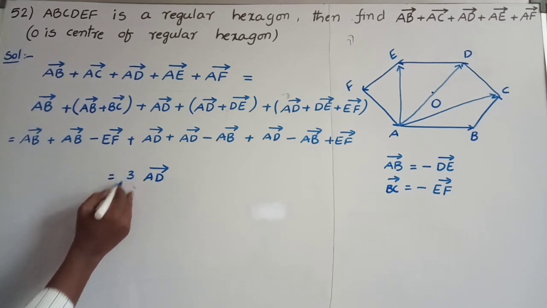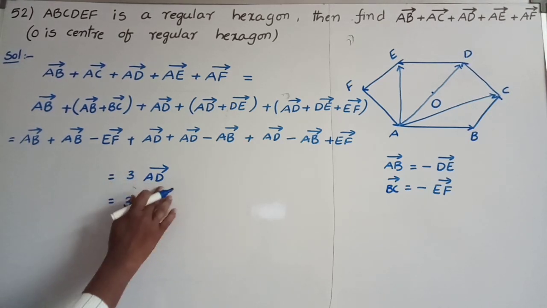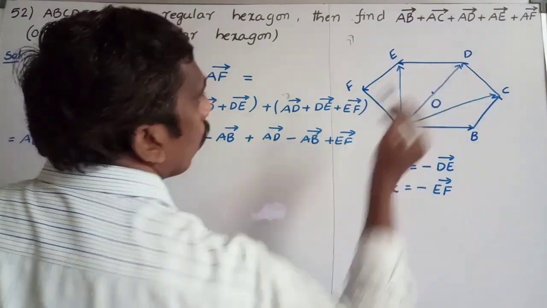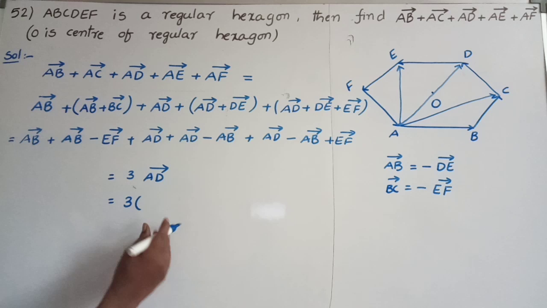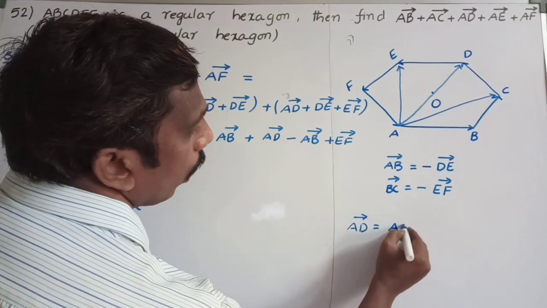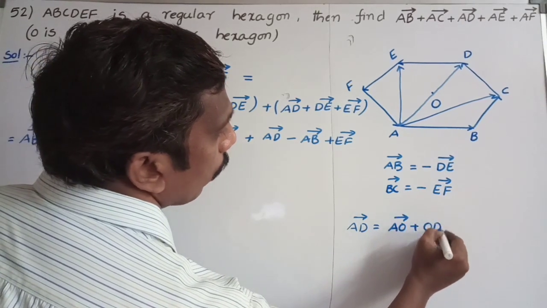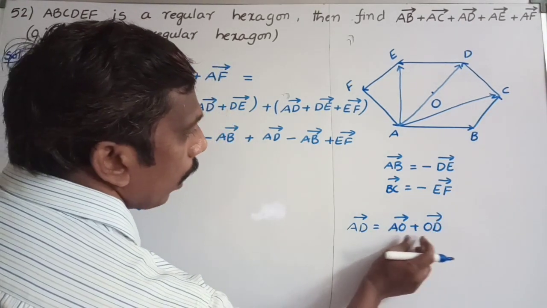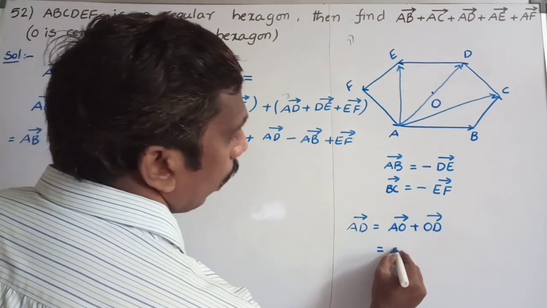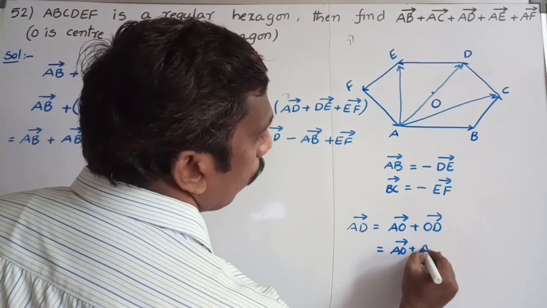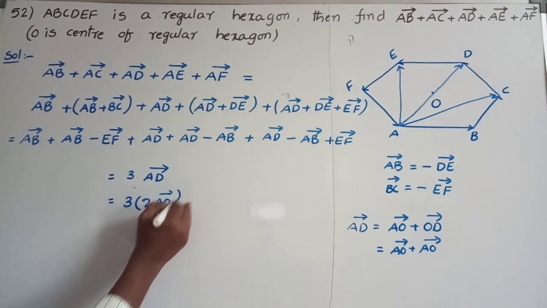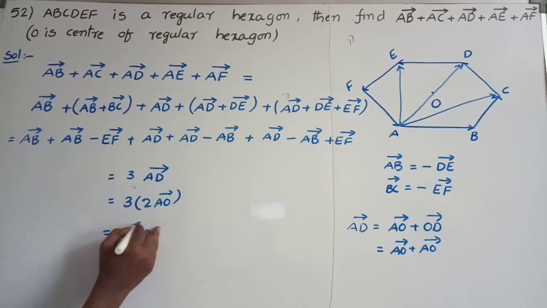So 3 AD bar, where AD bar is equal to AO bar plus OD bar. But AO bar and OD bar values are the same, so OD is taken as AO bar. So AD bar is equal to 2 AO bar. Finally, we can write 6 AO bar.